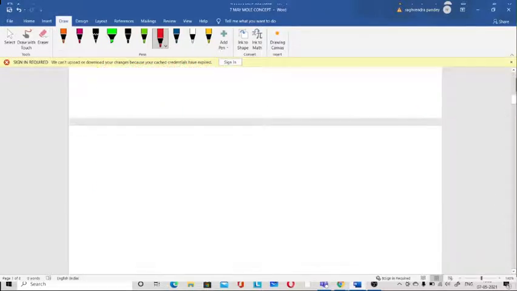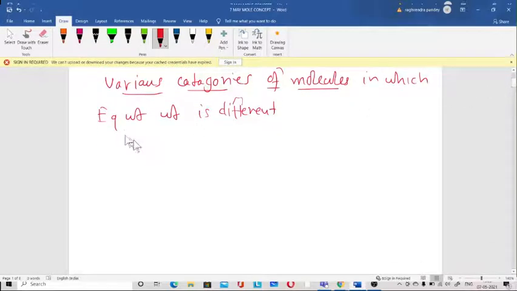Suppose for acids, what is the equivalent weight?